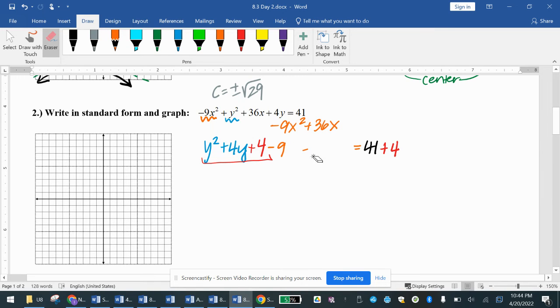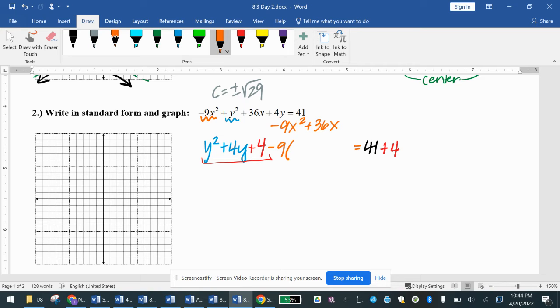You're not factoring out a GCF. Remember, you're just factoring out the coefficient. You cannot complete the square until you factor out the leading coefficient so that it becomes a 1. So I'm going to have x squared. Now remember, we're dividing by negative 9. Negative 9, negative 9. And 36x divided by negative 9 is negative 4x.